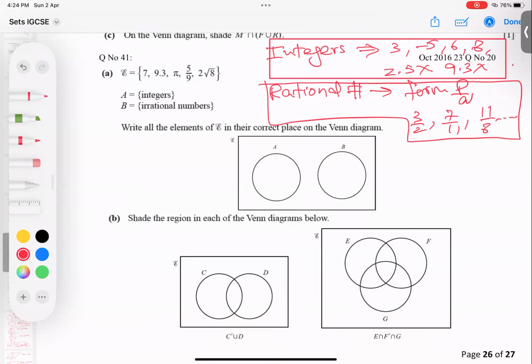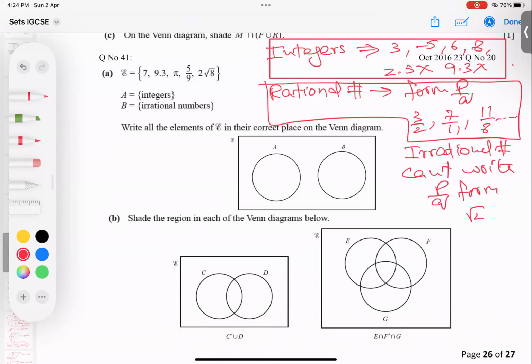Now, irrational numbers. Irrational numbers are numbers you can't write in the form P by Q. For example, root 2.